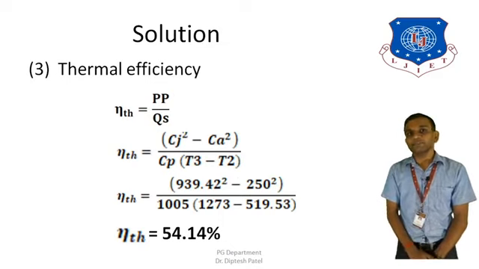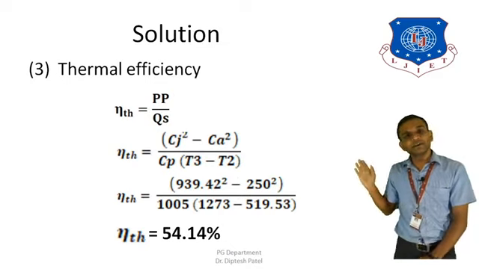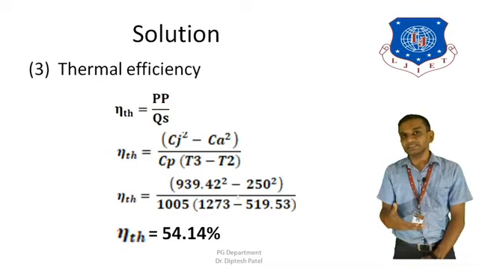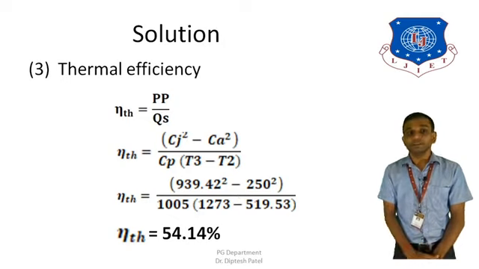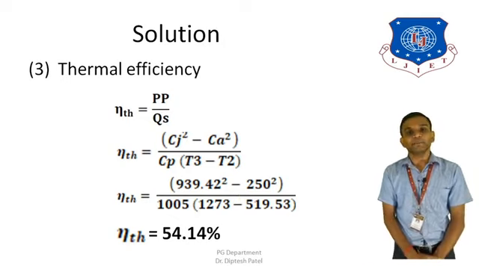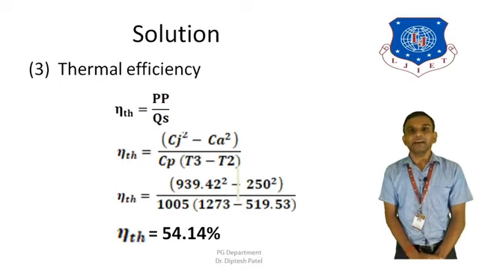So now I have the formula. I'm going to put the values of all these parameters together. We know that Cj has been found, Ca is given, Cp is also given, T3 is given and T2 has been found. So the equation would be eta thermal is equal to (939.42 square minus 250 square) divided by 1005 into (1273 minus 519.53), right.